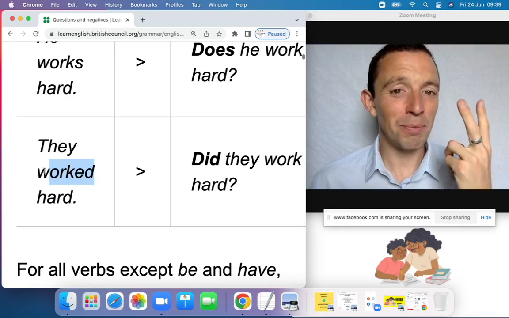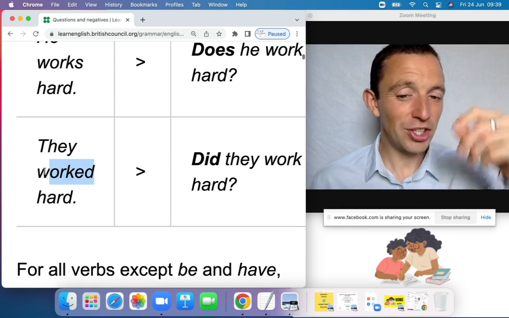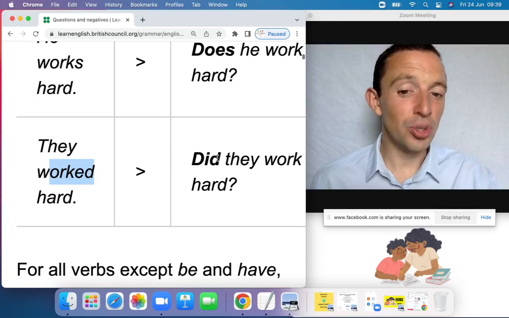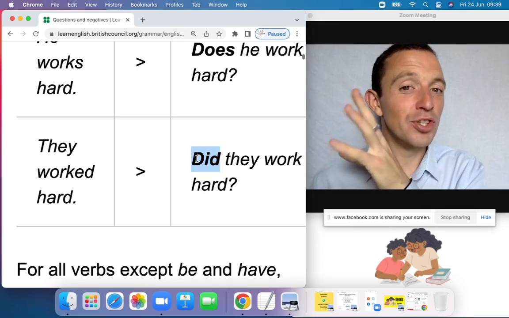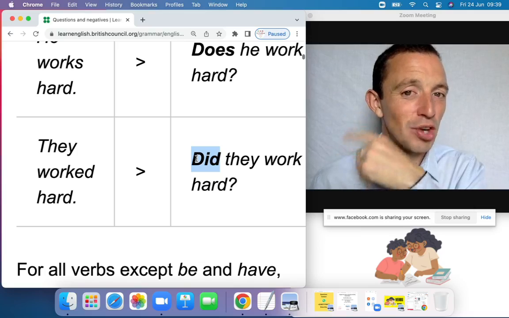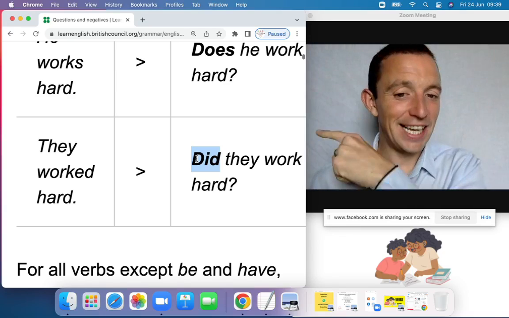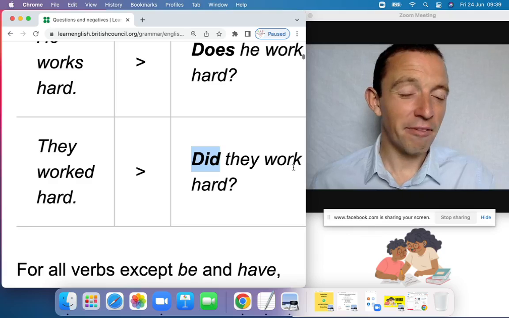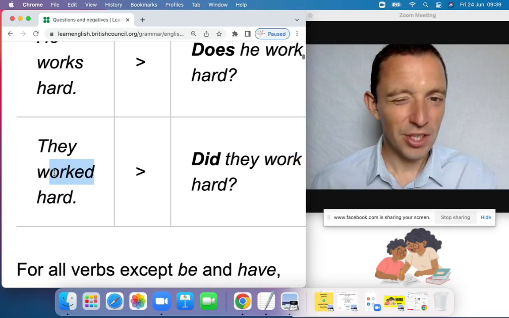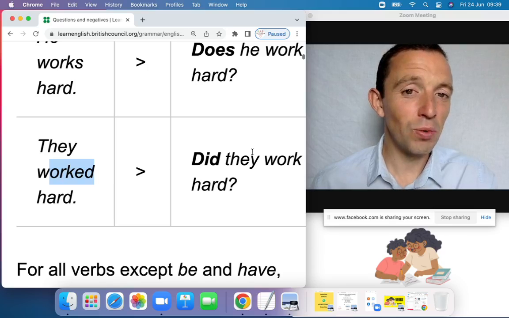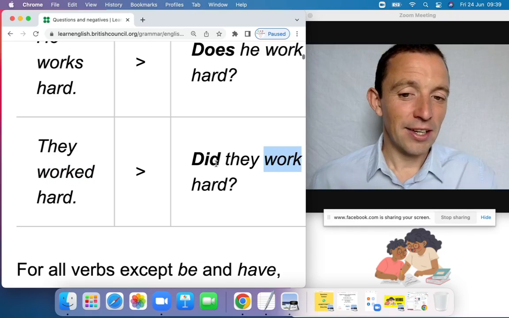So the second possible way to create the simple yes/no question is to add the verb to do at the beginning, but it's the past, so the verb to do transforms into the past. Did they work hard? Very, very important, because after did we have the infinitive. Did they work hard? Not worked. So that's very important. Even though it's the past, we keep the infinitive form with did.